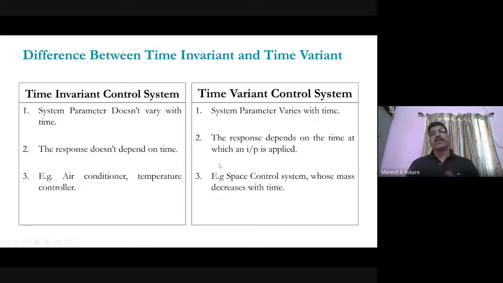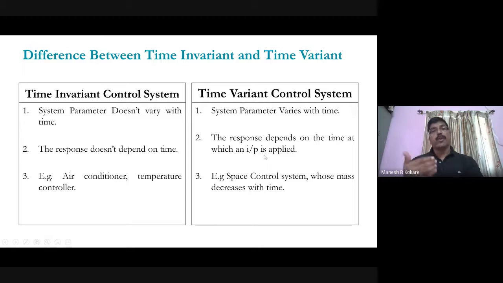So if you look at the difference between the time invariant control system and the time variant control system, the first one is that system parameters do not vary with time in a time invariant control system, whereas in a time variant control system parameters vary with time. Then the second difference is that the response doesn't depend on time, so its output doesn't depend on the time, whereas here the response depends on the time at which an input is applied.